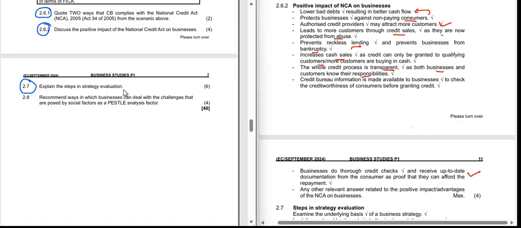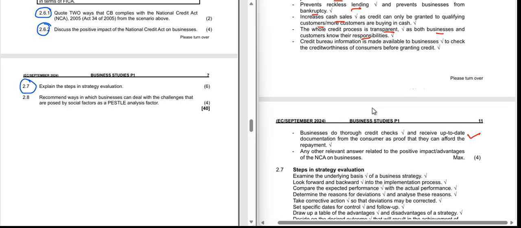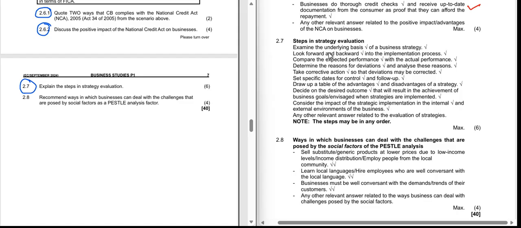Steps in strategy evaluation. Okay, so the first one is examine the underlying basis of the business strategy. Then look forward and backward into the implementation process. You're going to see what you've done so far after implementing a strategy, what you did when you implemented it, and what you expect that strategy to achieve or to accomplish.